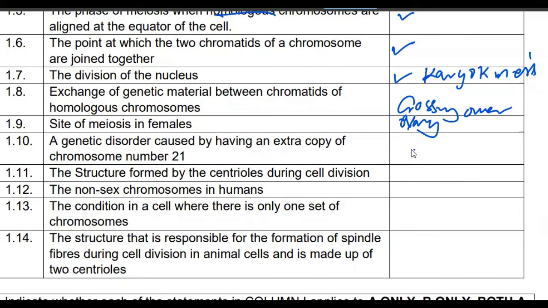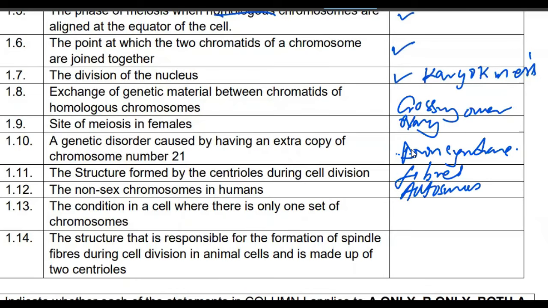The genetic disorder caused by an extra chromosome on chromosome number 21 is Down's syndrome. The structure formed by the centrioles during cell division is the spindle fibers. The non-sex chromosomes in humans we call autosomes.